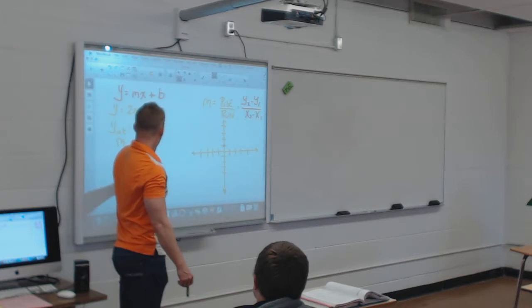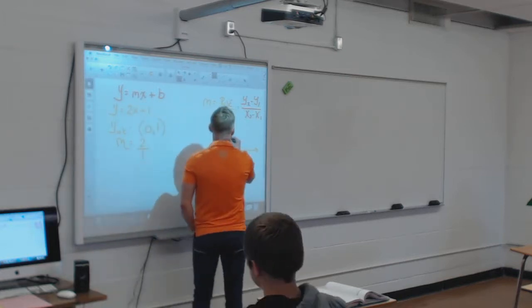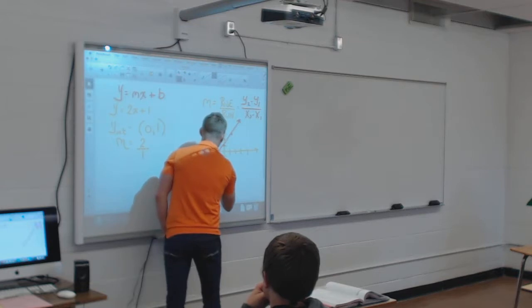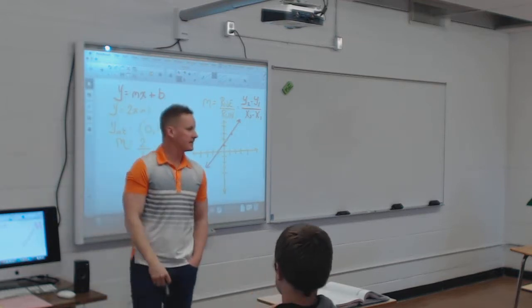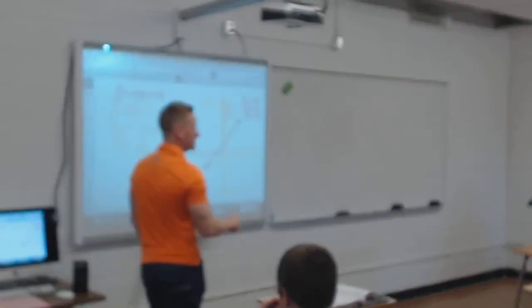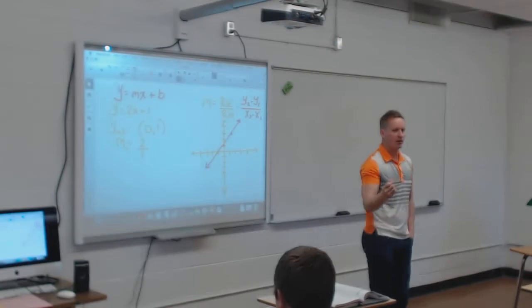And right 1, because it's positive. So I go up 2, right 1. There's my next coordinate. There's the line. It's that simple. Your b value is your starting point. Your slope is your map. It tells you where to go.